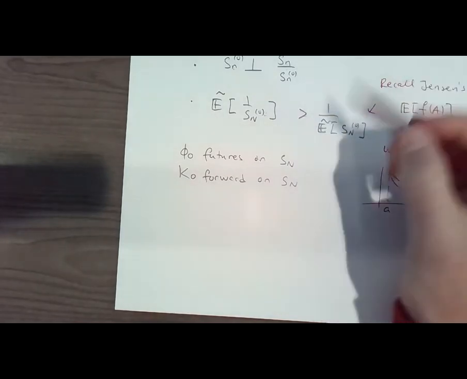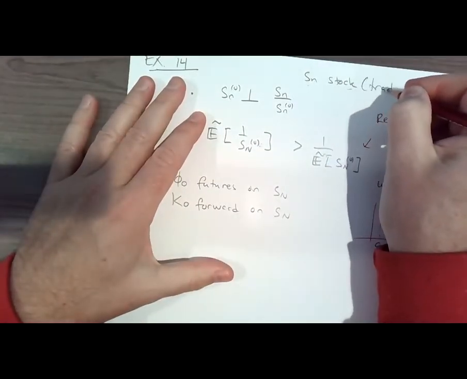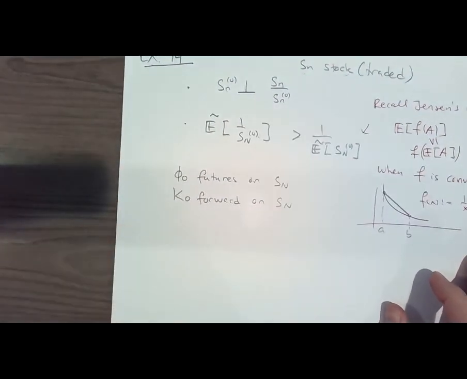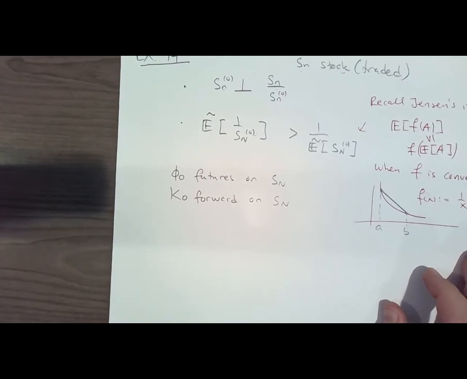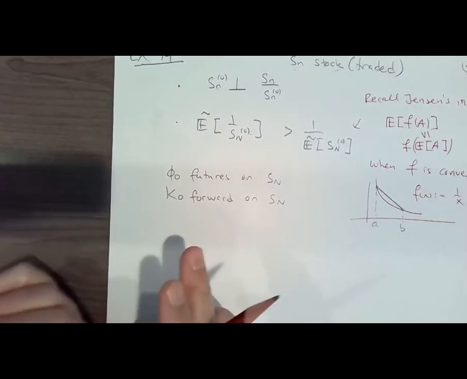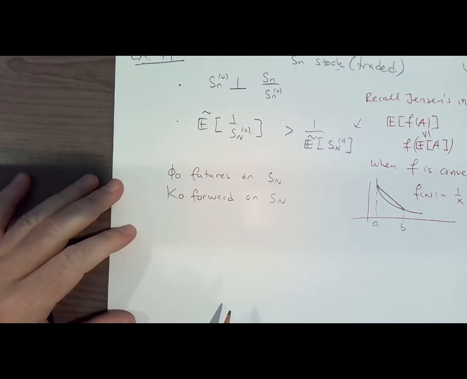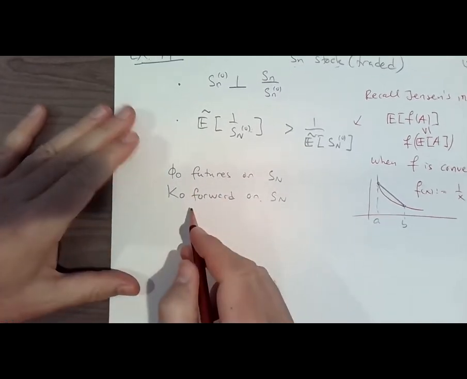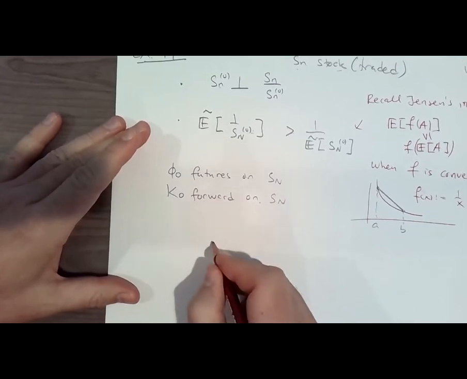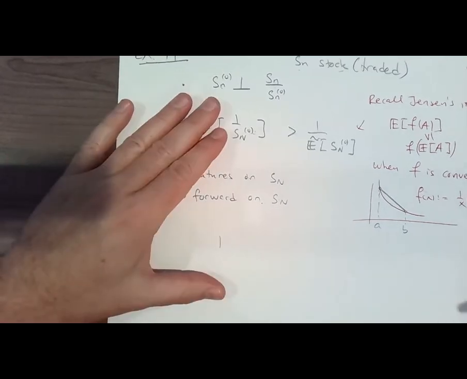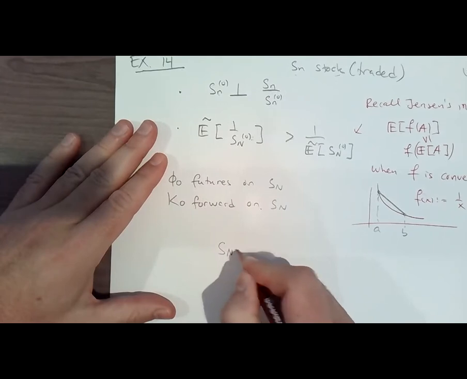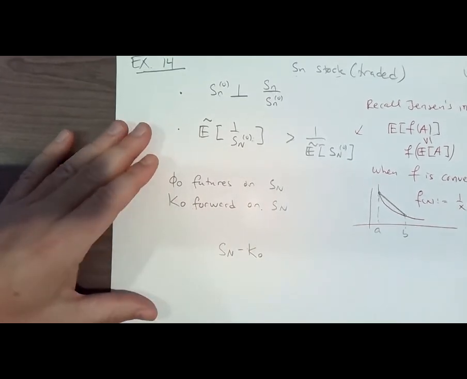So we have a stock, so this is traded. Remember, when you have traded securities, the forward price simplifies greatly. Okay, so let's try to work out what can we say here. We have the forward and we have the futures. Let's start out with the forward. So the forward says that at time n, if we go long, the payoff is going to be S_n minus the forward, K0.